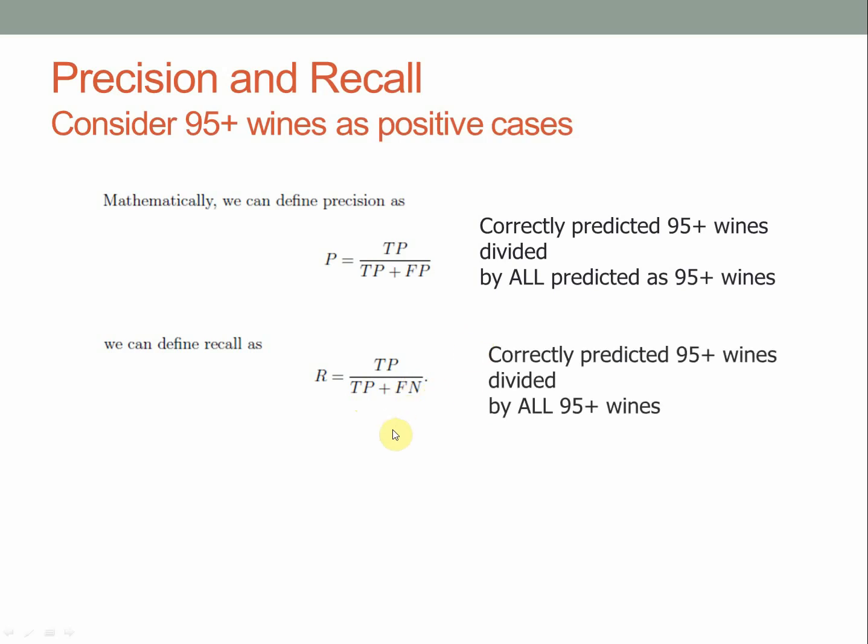Therefore, recall measures the correctly predicted 95 plus y's divided by all of the 95 plus y's, which is the 5% of the data set that we have here. So among all of those 95 plus y's, how many of them can be correctly predicted? Therefore, precision and recall are the two most important evaluation metrics that we want to use in this chapter.